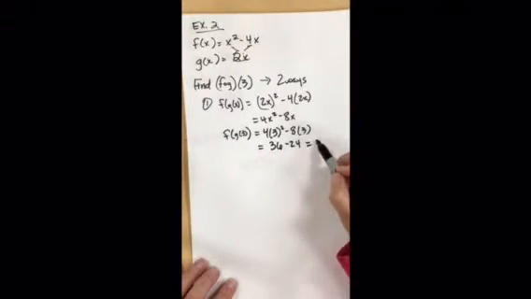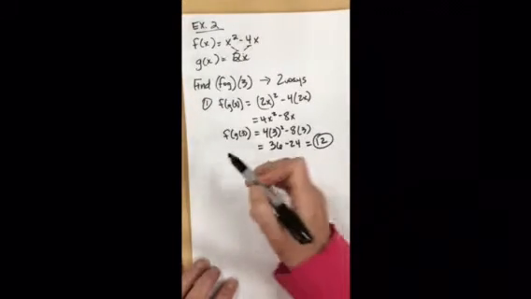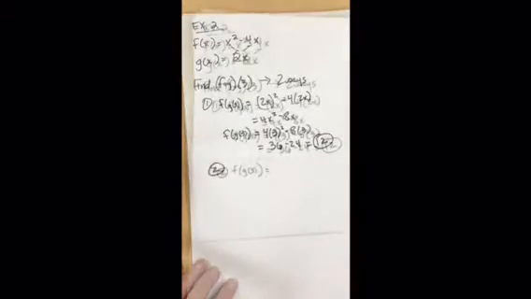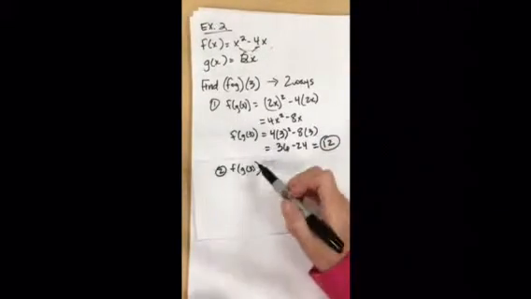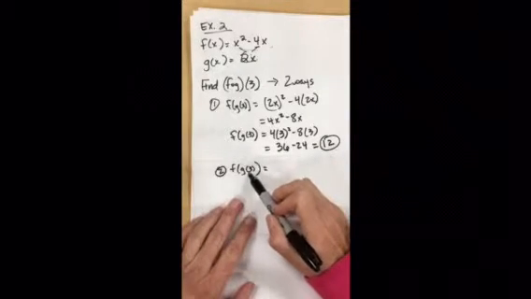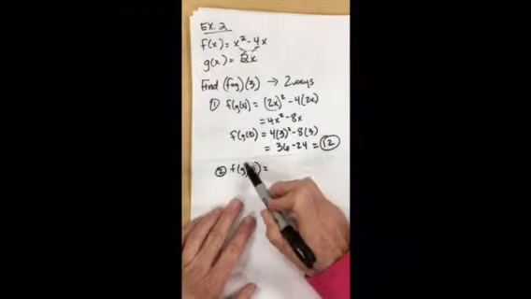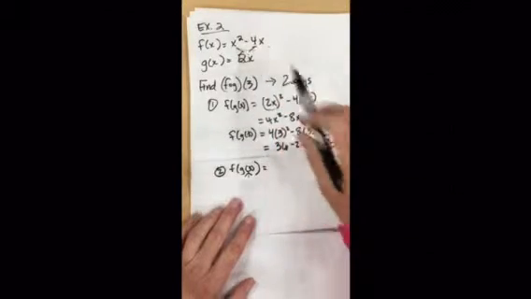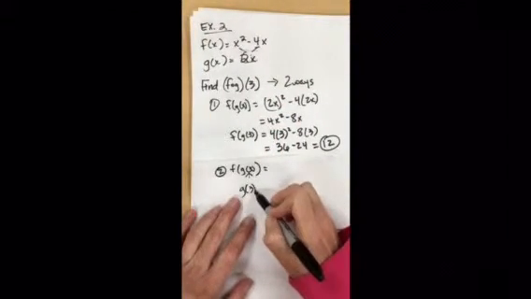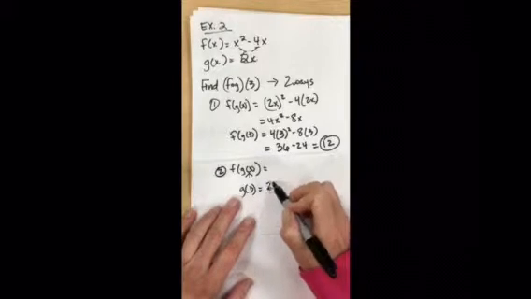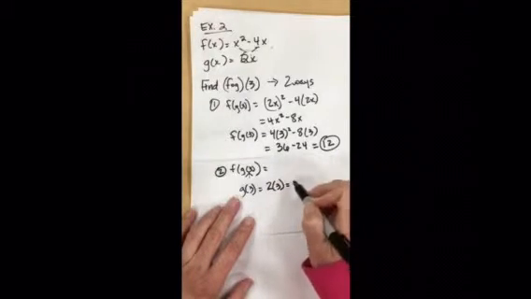and we get 4 times 3 times 3, which is 9 times 4 is 36, minus 24, and our answer is 12. Now, the other way to perform this is to find the value of g of 3, and then use that output as the input for f of x. So what is g of 3? Well, g of x is 2x, so g of 3 is 2 times 3, which equals 6.